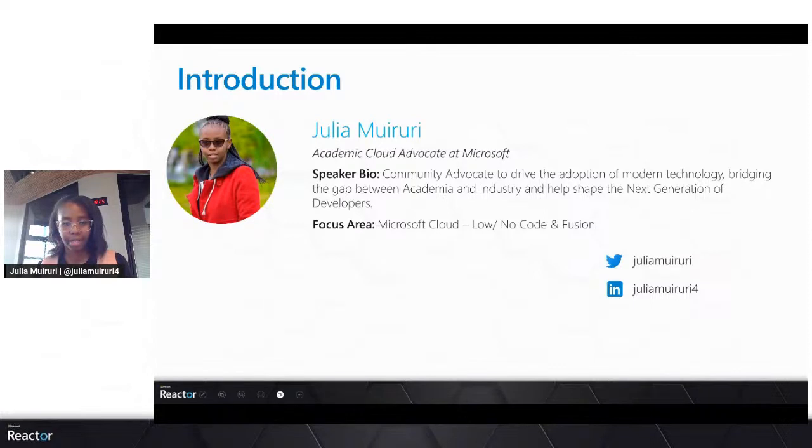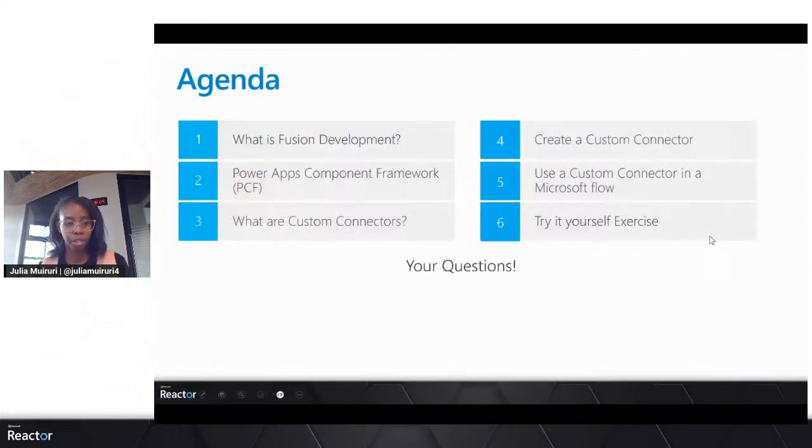So with that, I'll just get straight into today's presentation, which is around fusion development. For the agenda, the first thing is that we'll introduce what fusion development is. I know this is a pretty new term, so I'll try and expound on what we mean by fusion development and also talk about why you should learn it. Then we'll talk about the Power Apps Component Framework.